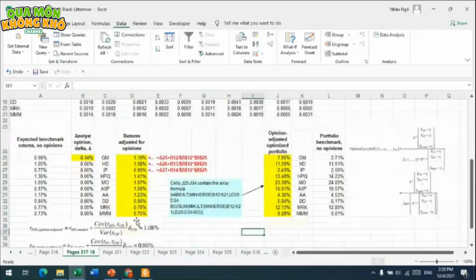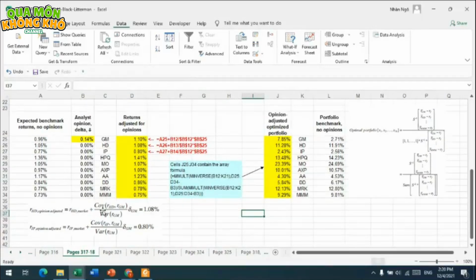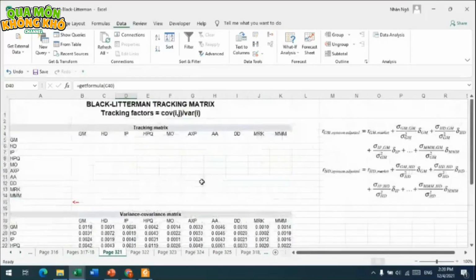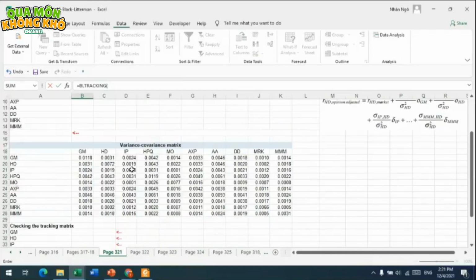So as I said before, with multiple opinions, there are many covar and var ratios in the formula like that. So to make it simpler to calculate, I will introduce you to a matrix called the BL tracking matrix. Calculating this matrix is really simple: we just use the BL tracking function on the var and covar matrix here.